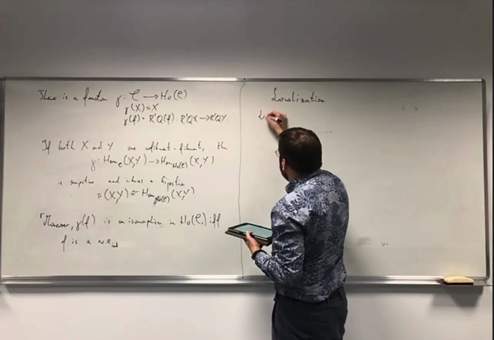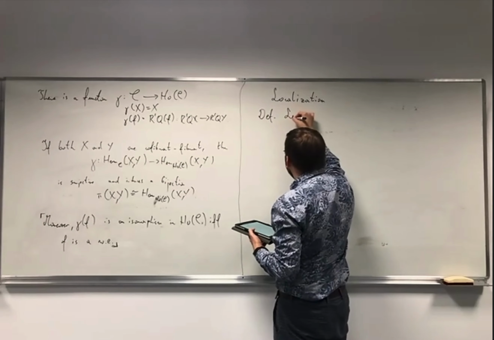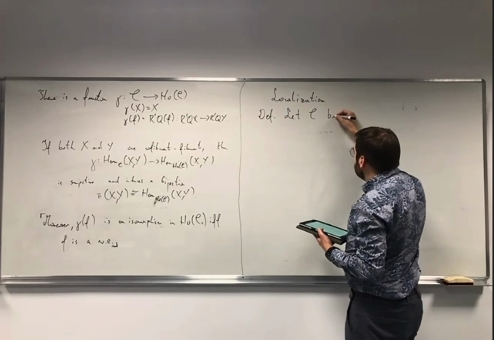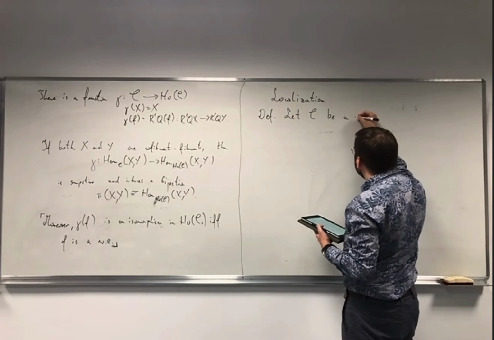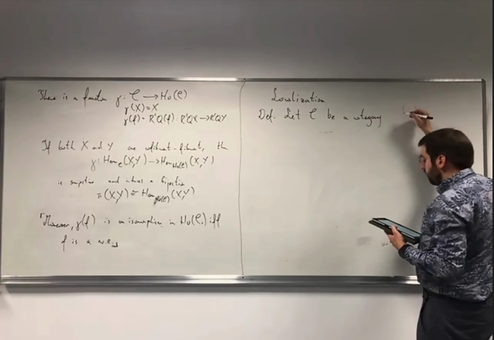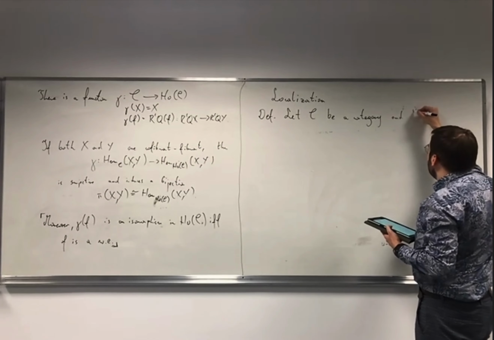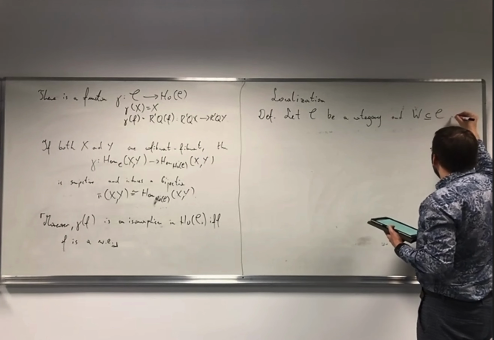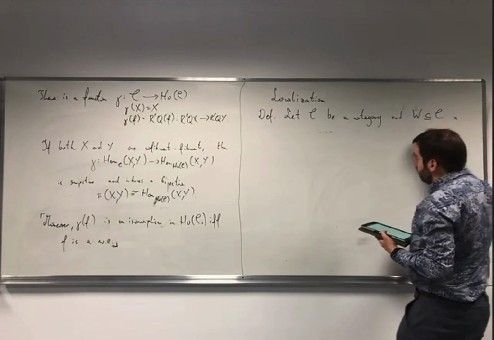So a definition: let C be a category and W a class of morphisms in this category.